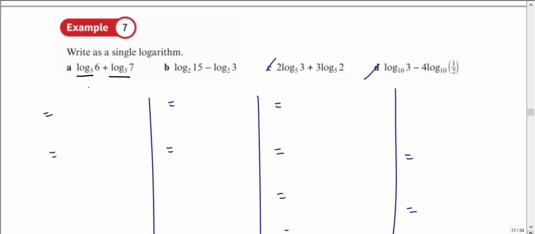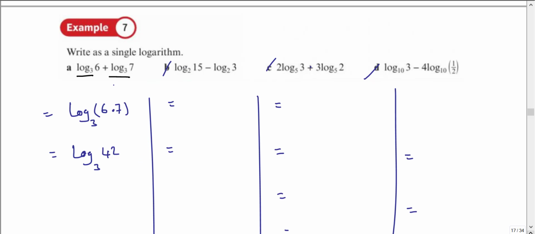The first rule says multiplication could be changed to addition, or addition could be changed to multiplication. Here you have addition, log 6 plus log 7. So what to do? Combine them into one log and multiply 6 and 7. So it would be log 42 base 3.